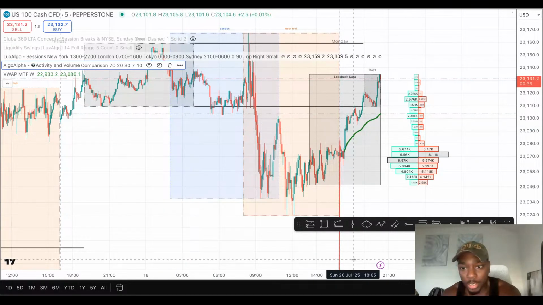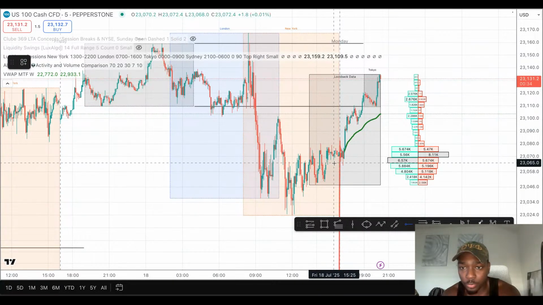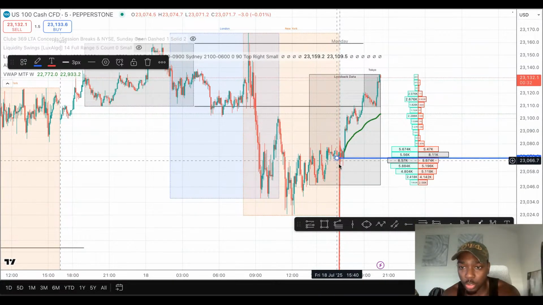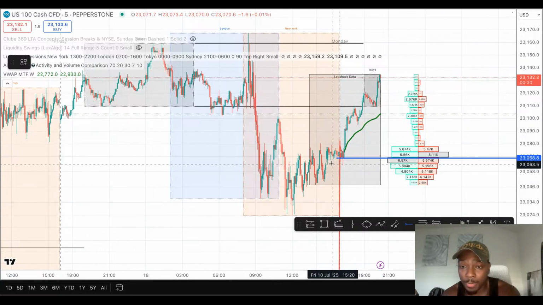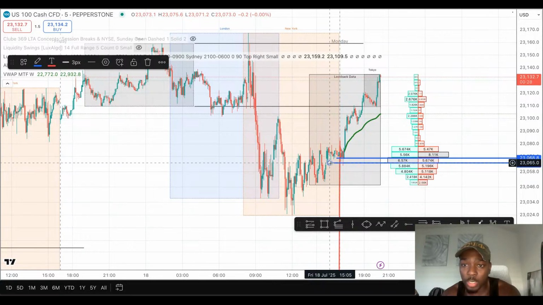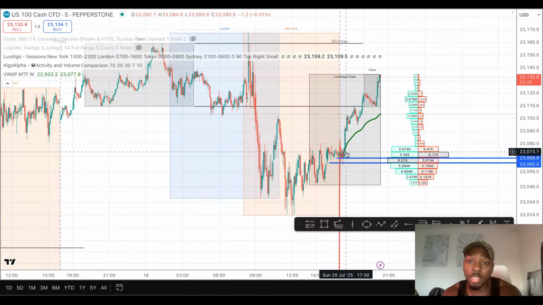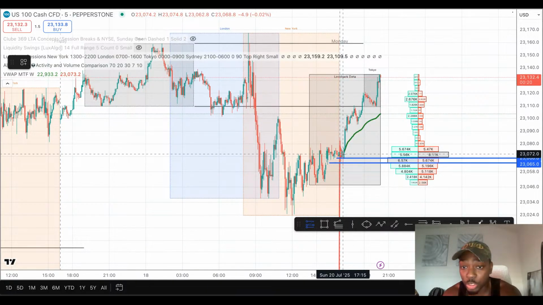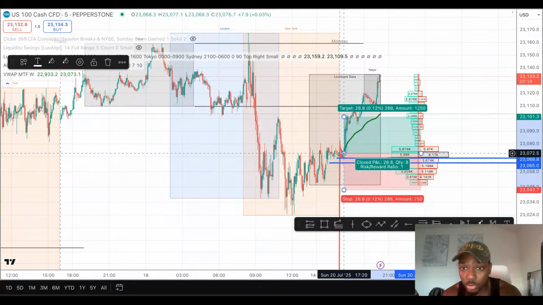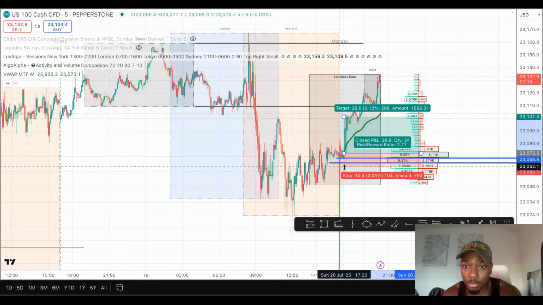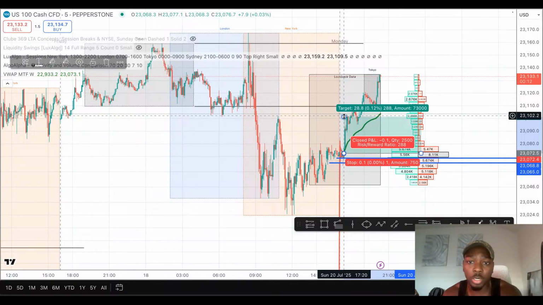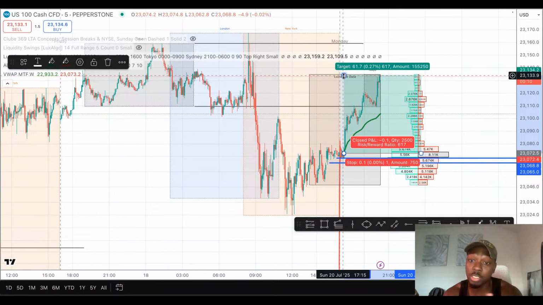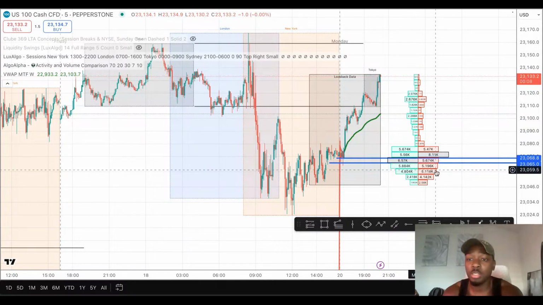If price decides at the top or the bottom of this box, where the 6.5 is, if price holds this level, you can buy it right there. Real simple cheat code. Once price closed, you could have put your stop loss below and go for that. Again, I do not trade Tokyo session, so this is just for example purposes.